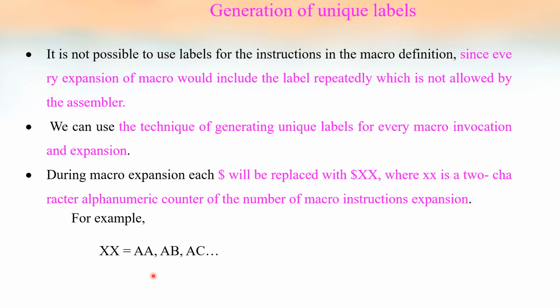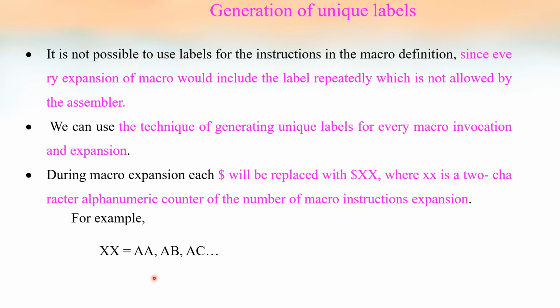If a macro definition contains labels, then whenever this macro is called and expanded, these labels also get repeated. For example, in the definition of a macro, there is a label called loop. The first time it is called and expanded, that label comes there, and it has an address also.